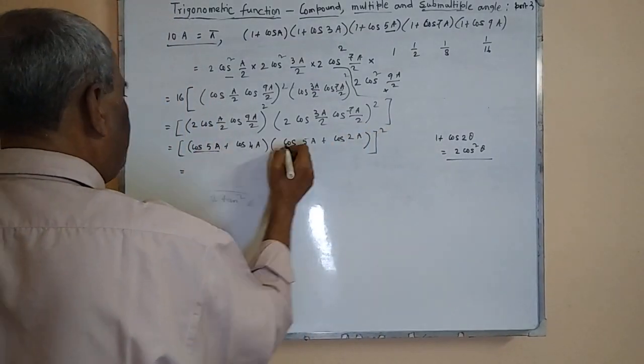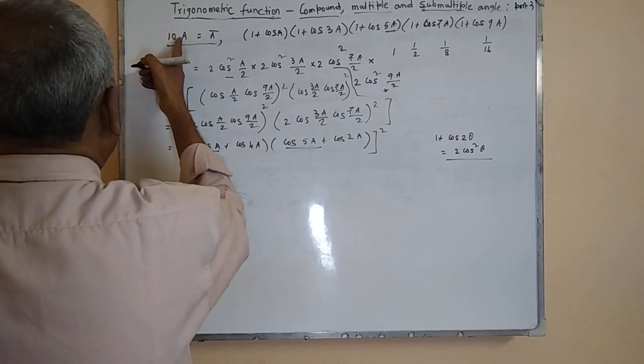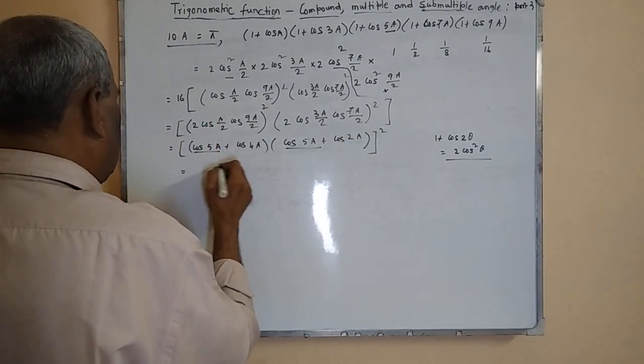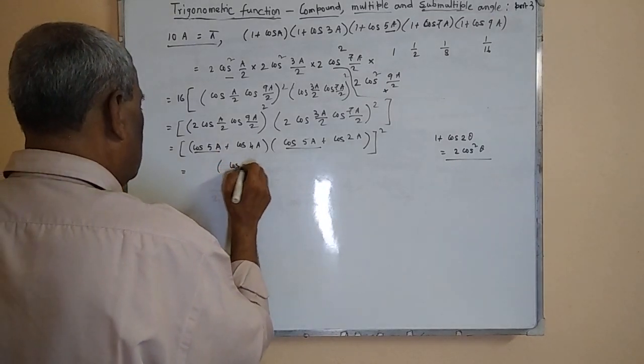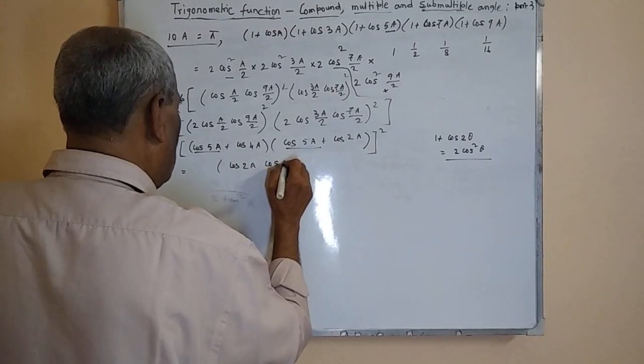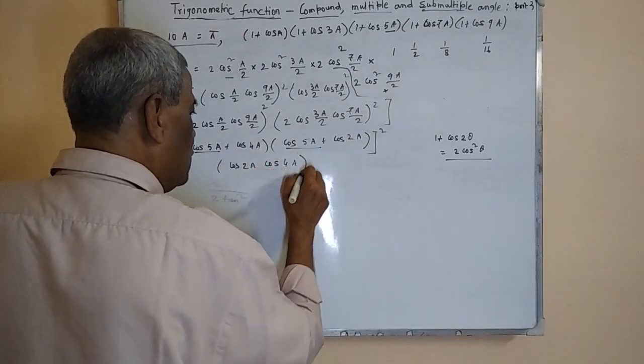Cos 5A is 0, because 5A is equal to pi by 2. So we get cos 2A into cos 4A, whole square.